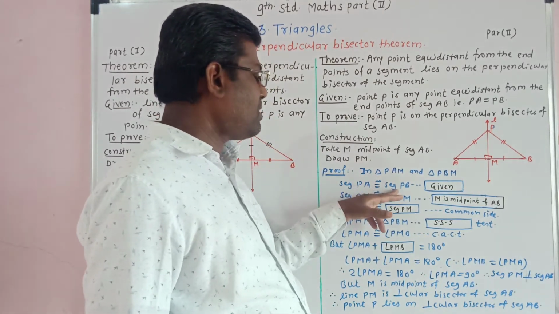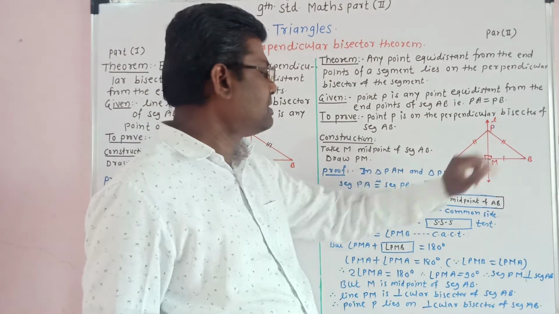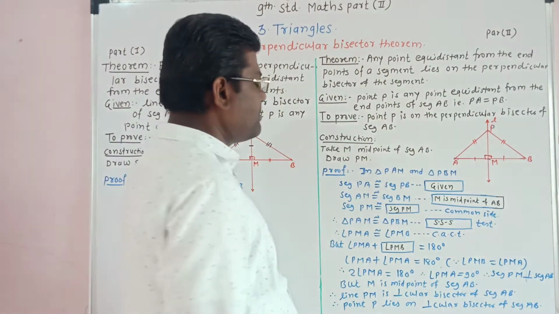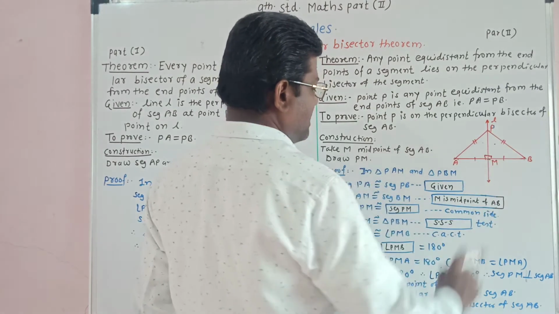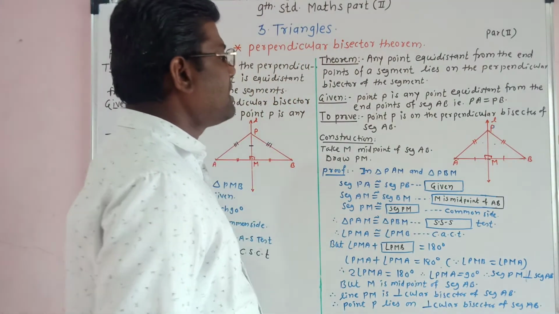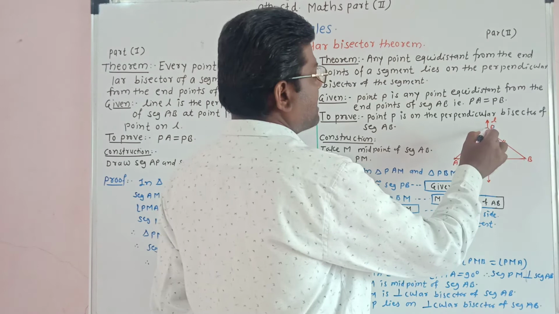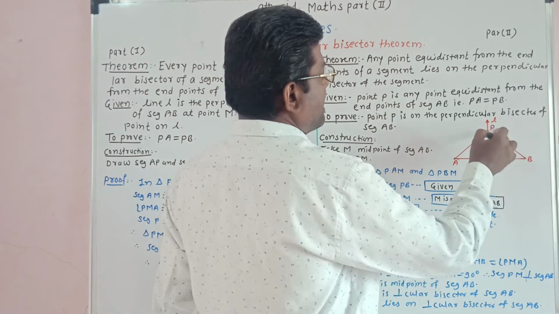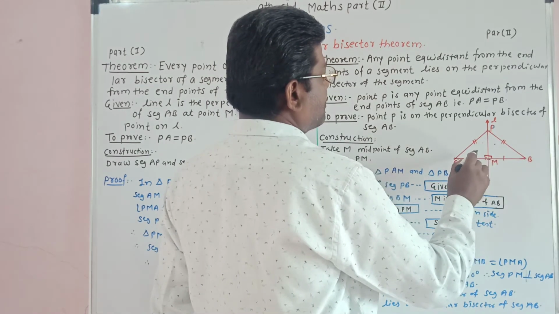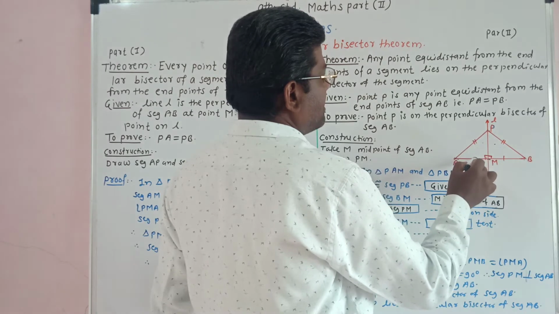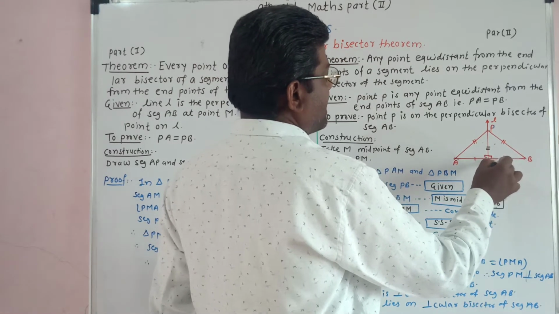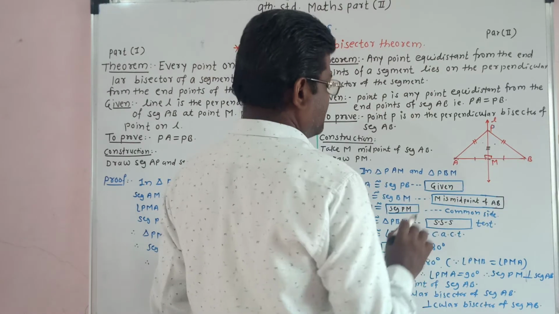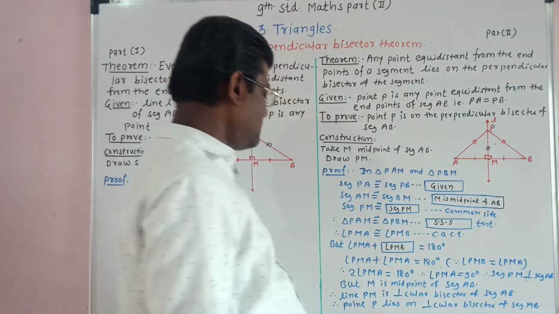Segment PA is congruent to segment PB, it is given. Segment PM is congruent to segment PM, a common side for both the triangles. Therefore, triangle PAM and triangle PBM are congruent by the SSS test.